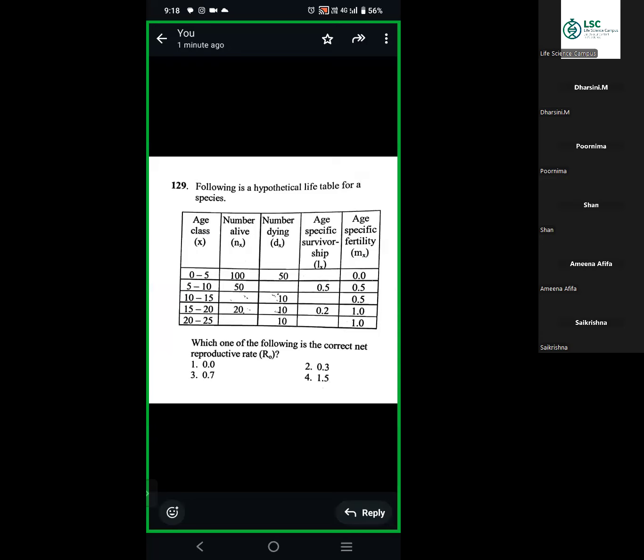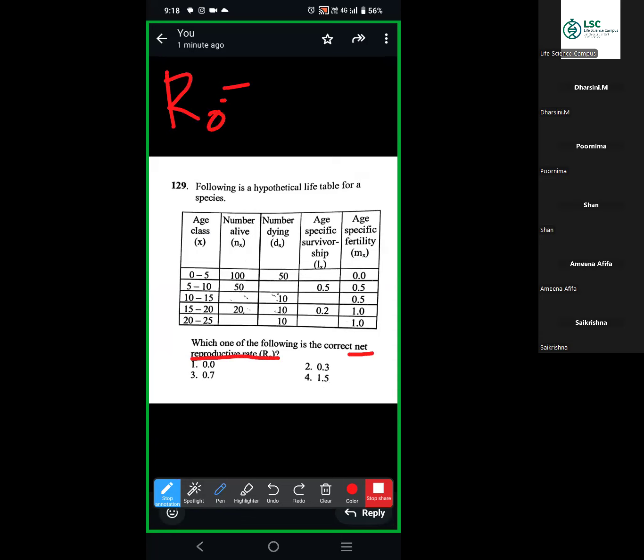This table shows a life table for a species. In this case, we have to find out the net reproductive rate or R0. So I have already told you that R0 is given by sigma lx mx. In order to find the R0 value, we have to find the lx mx value, that is lx multiplied by mx.